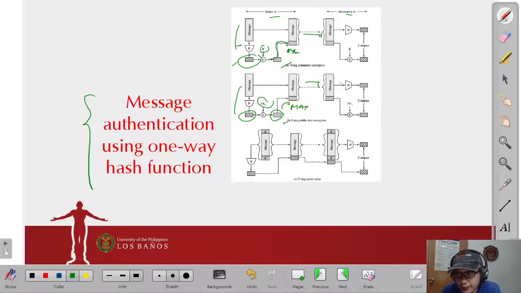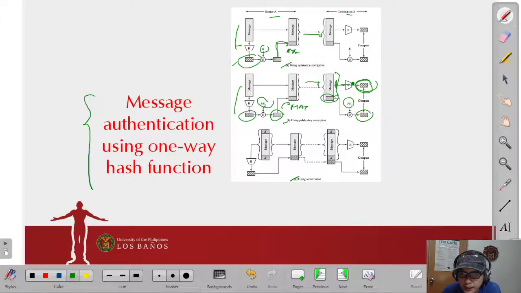At the receiver end, the original message is passed to the hash function, and this one here is decrypted using the public key, and then it will compare whether the MAC is the same as the decrypted one here. And another one is using a secret value.